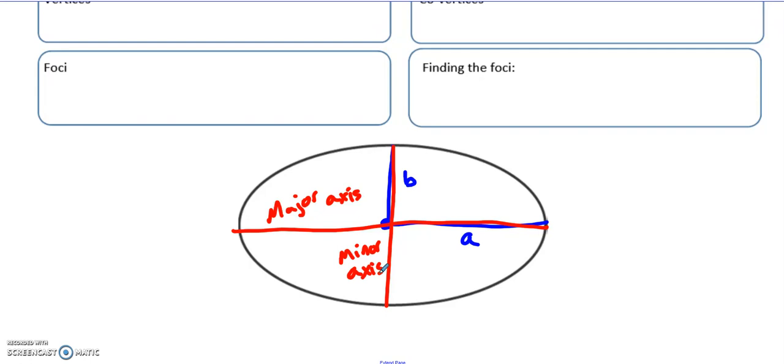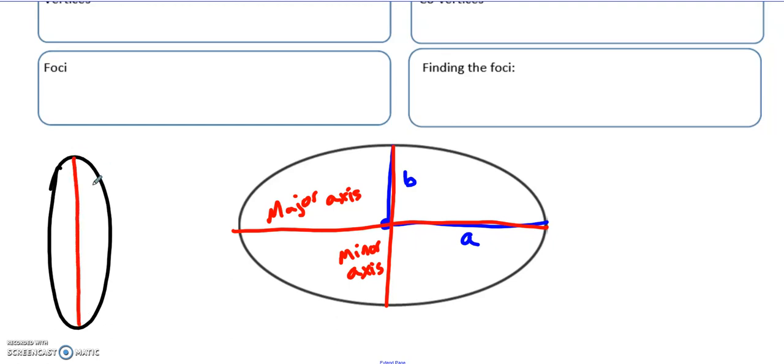We're just going to report those in terms of how long they are, major and minor. If your ellipse happened to be that way, your major axis would be this one there, going in the vertical direction. Just as a little FYI, it depends what the orientation of the ellipse is as to what we call the major and what we call the minor axis.